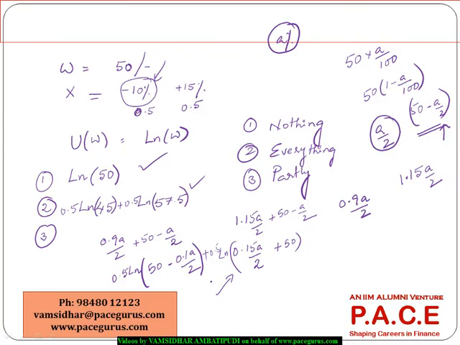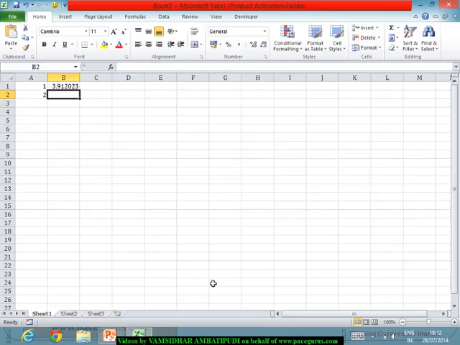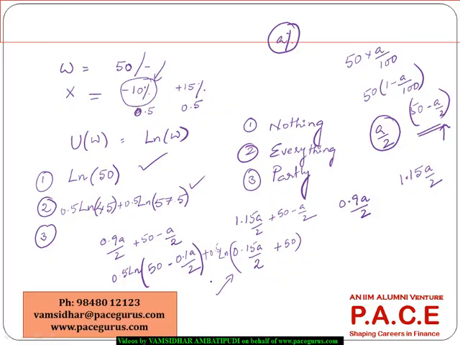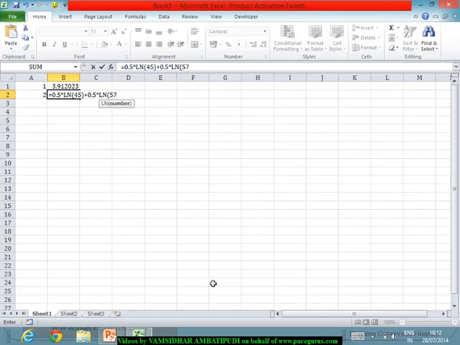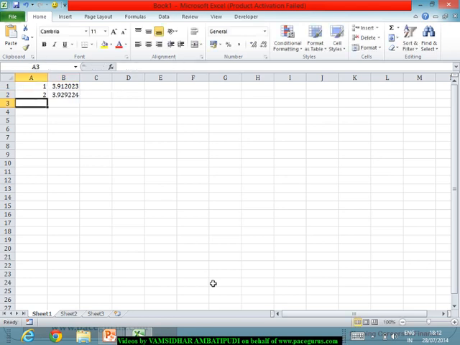In the second case, I want 0.5 times log 45 plus 0.5 times log 57.5. So in the second case this is becoming 3.92, a slightly higher utility.